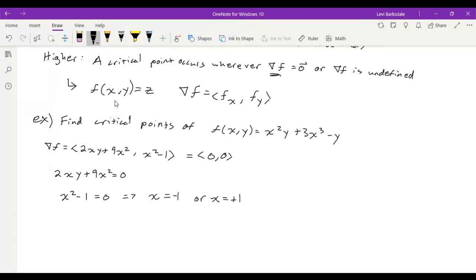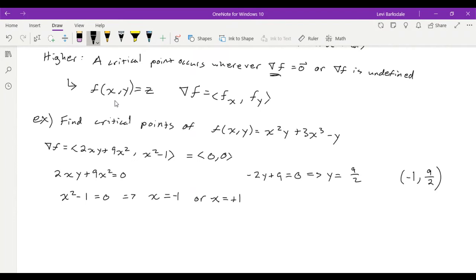So using this, I can say if I plug x is equal to -1 into my first equation, I get that -2y plus 9 has to equal 0, and that tells me that y is equal to 9/2. So that would give me a first critical point because I used my x value of -1. The corresponding y value is 9/2. This is my first critical point.